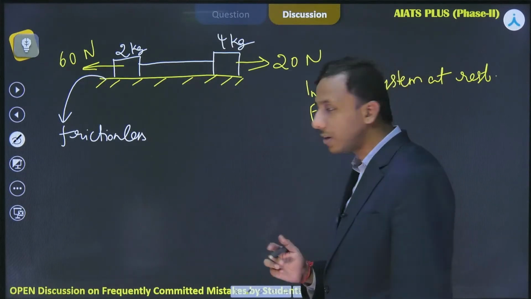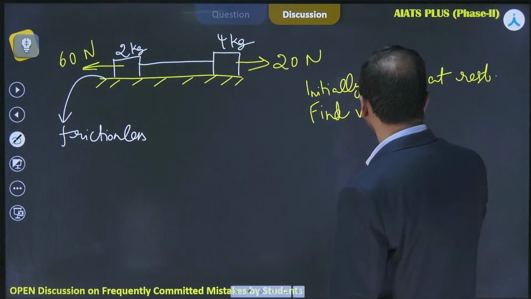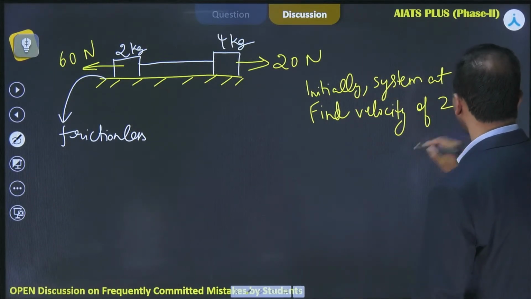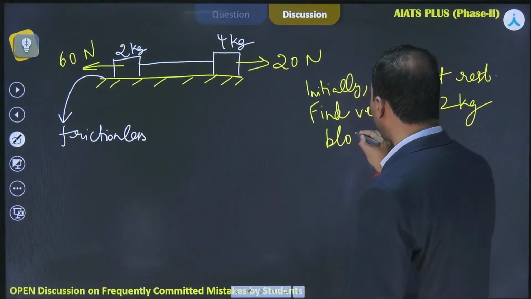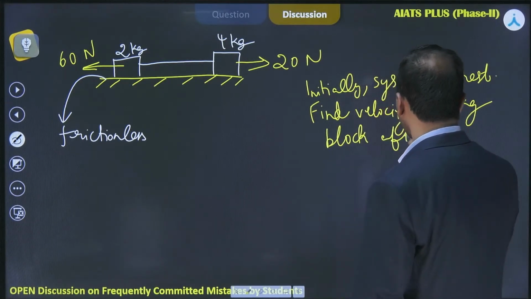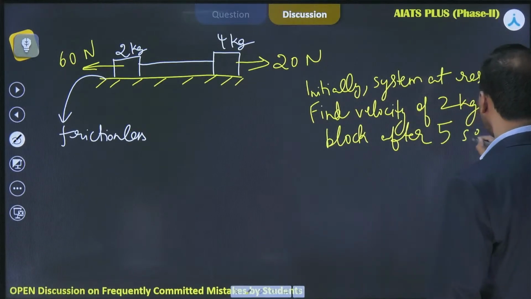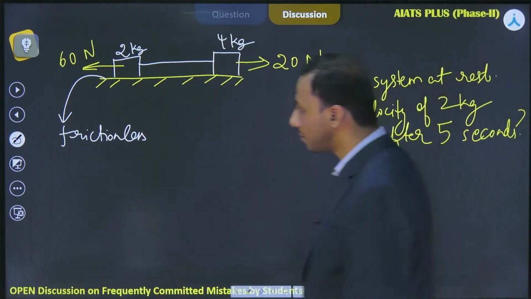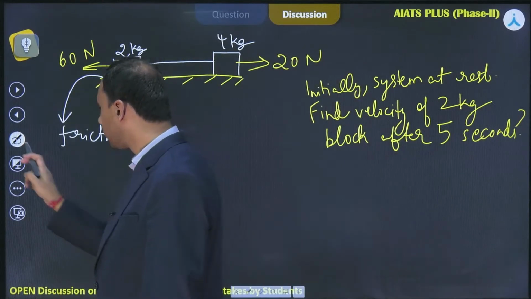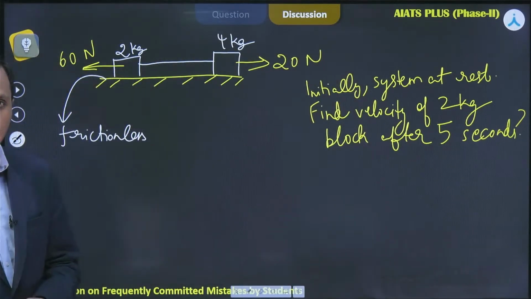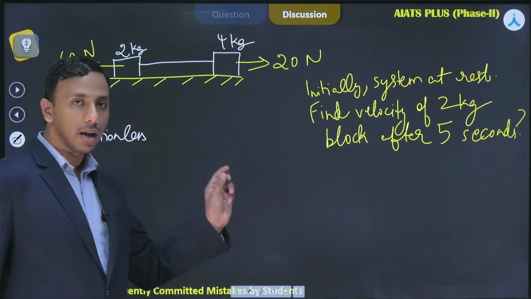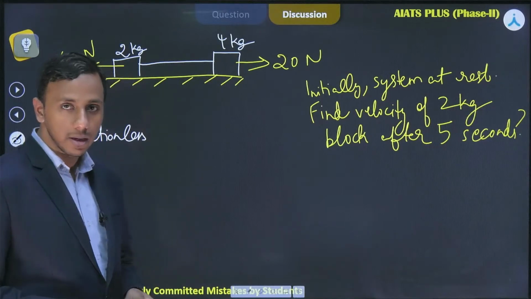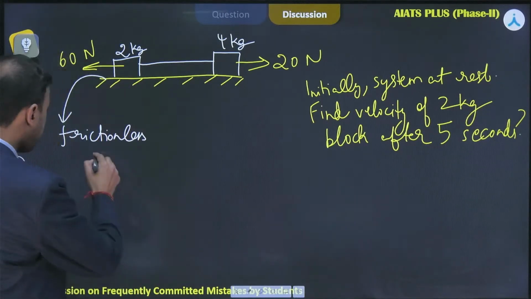Let's say velocity of the 2 kg block, okay? So find velocity of the 2 kg block after 5 seconds. This question might seem complicated, but it's not that complicated, right? I shared the gist of that question, the shortcut, last time also. You can check last week, right?